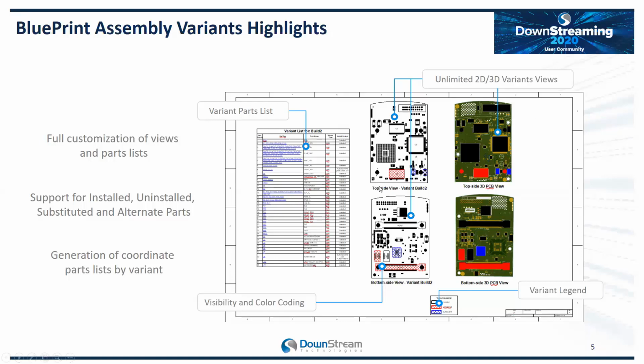So I can have as many PCB views as I want. This is just an example. In addition, I may want to show 3D views of the printed circuit board, which greatly helps in actually physically visualizing what this PCB looks like in its final assembly, because these parts are missing.